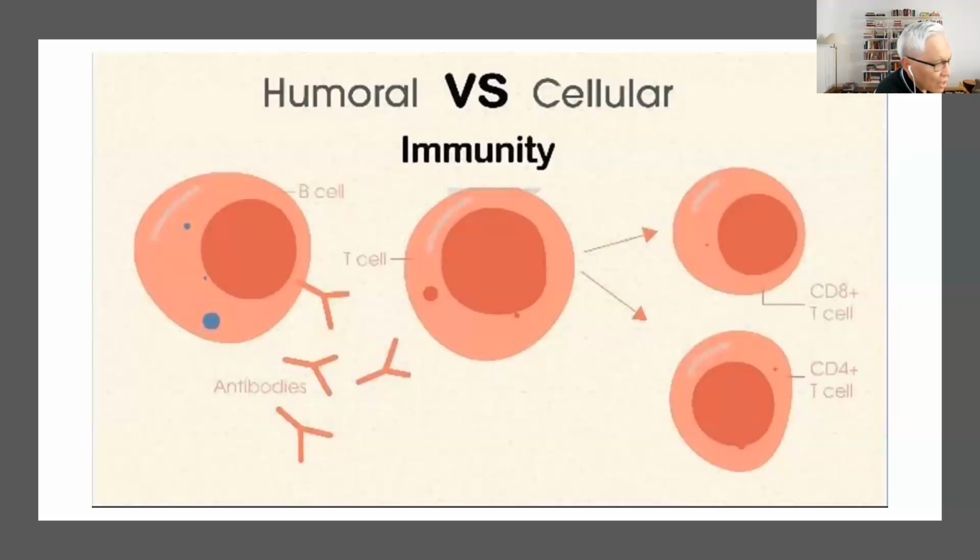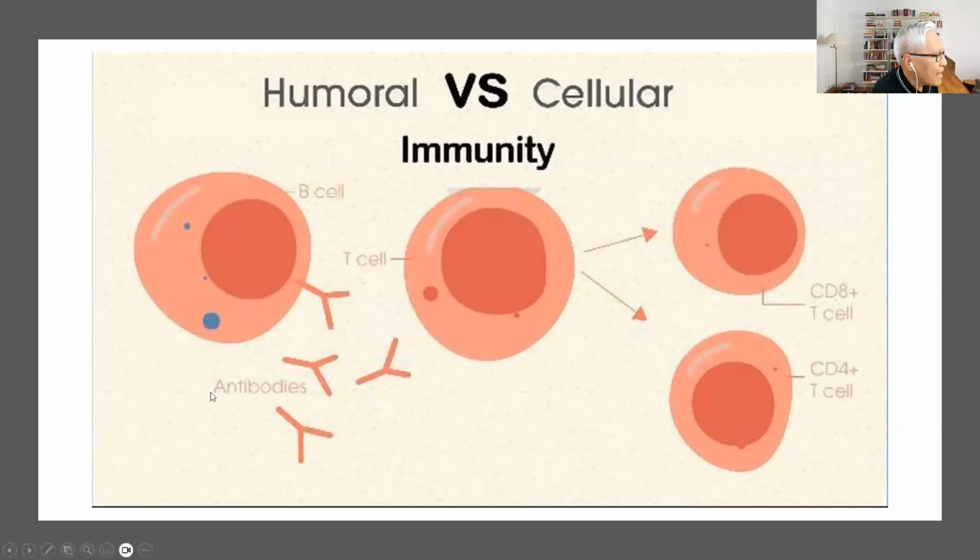So we cannot talk about HIV without talking about immunity. Our immune system response consists of humoral and cellular immunity. When we say humoral immunity, it refers to the branch of the immune system that involves the production of antibodies by B cells.